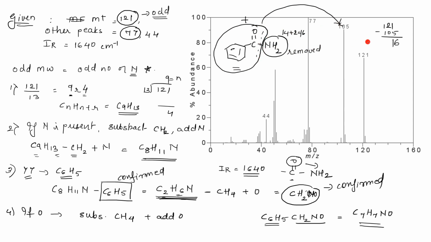Now from that 105, if you break this ring, because you know 77 means phenyl, what is left is CO. 12 is for carbon and 16 for O, so this equals 28. So 105 minus 28 gives you 77, right? This is how the mass spectrum is determined. This is your M plus, this is your benzamide peak.